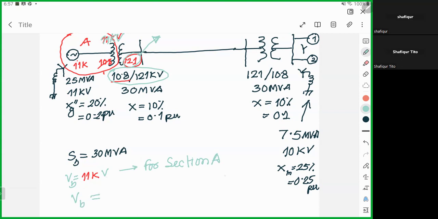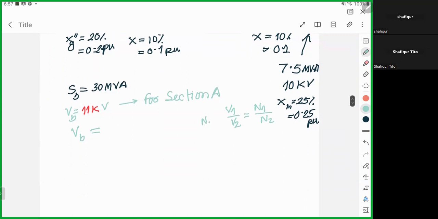So V1 by V2 is equal to N1 by N2, and from this we can find N1 by N2 is equal to V1 by V2. So this one will be 10.8 divided by 121.